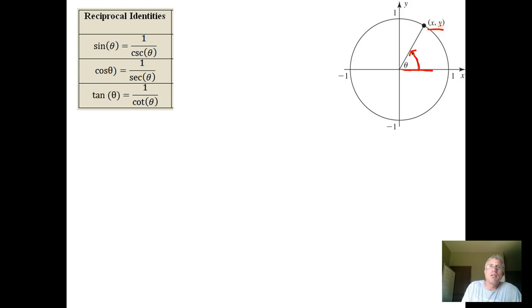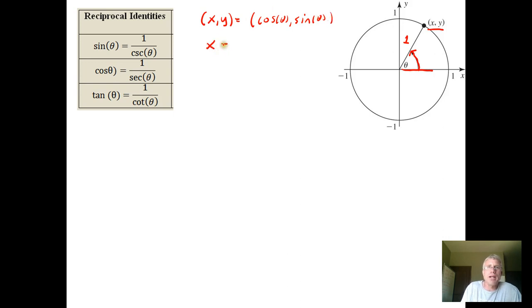And we've already demonstrated that if we have an ordered pair xy on the unit circle, the circle of radius 1, that ordered pair xy can also be described by taking the cosine of the angle and the sine of the angle.